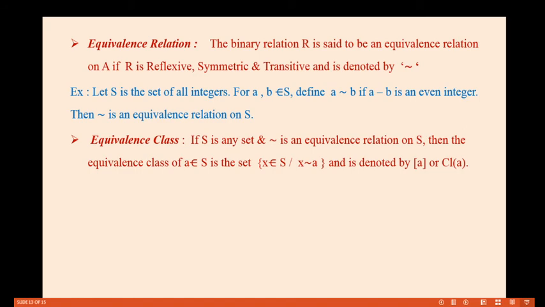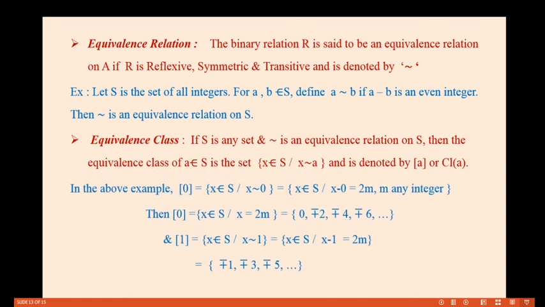So whenever there is an equivalence relation on a set S, then we can define equivalence class. The equivalence class of an element a belonging to S is nothing but the set containing all those elements of S which are equivalently related to a, and this is denoted by the equivalence class of a.